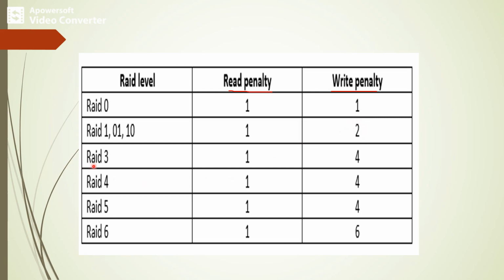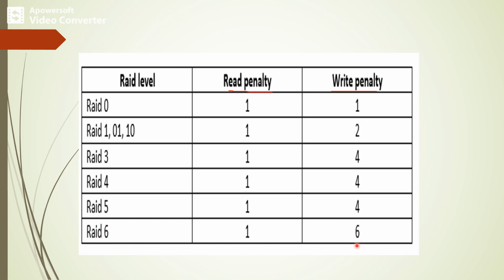Next, in the case of RAID 3, read penalty is 1 and write penalty is 4. RAID 4, read penalty is 1, write penalty is 4. RAID 5, read penalty is 1, write penalty is 4. And RAID 6, read penalty is 1 and write penalty is 6.